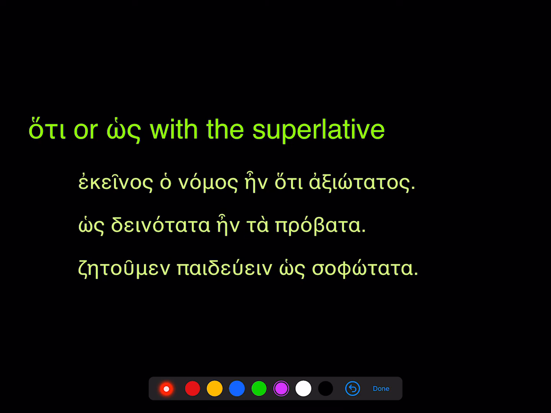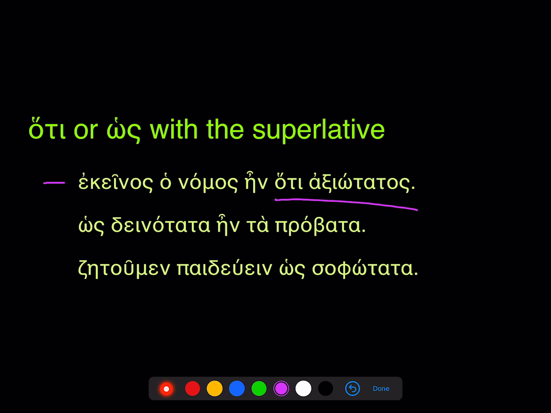Now let's think about hoti or hōs with the superlative. So, what hoti or hōs plus the superlative does is it makes the superlative even more intense. The best way to translate it is as whatever as possible. So let's look at some examples. Ekeinos ho nomos ēn hoti axiōtatos.